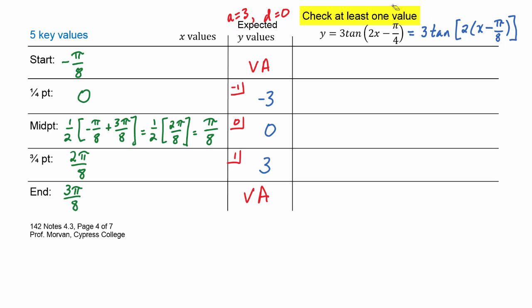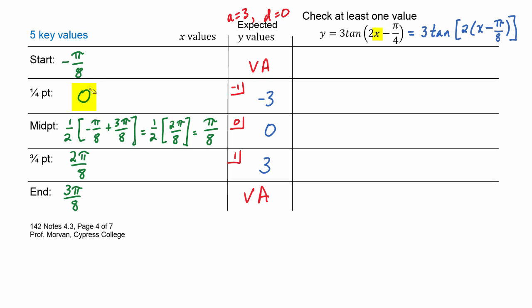It's time to check at least one value. We can do this first one if we like. I wouldn't do the one that's 0 because remember, you could have the graph upside down and you wouldn't catch it. So we'll do this first one. We're going to take 0, which is our favorite number to plug into anything, and plug it in for x, either here or here. Again, it doesn't matter which form of these equations you use because they're equivalent. I'd probably be tempted to use this one this time because once I put the 0 in here, I can very easily see what the argument will be.